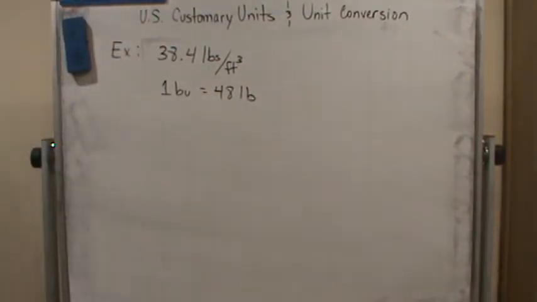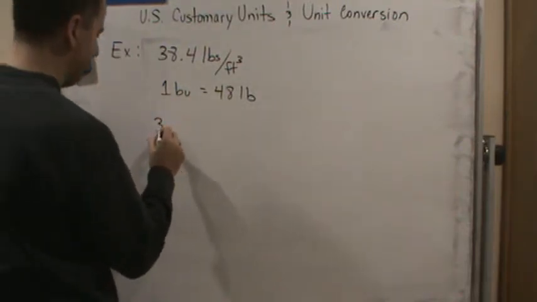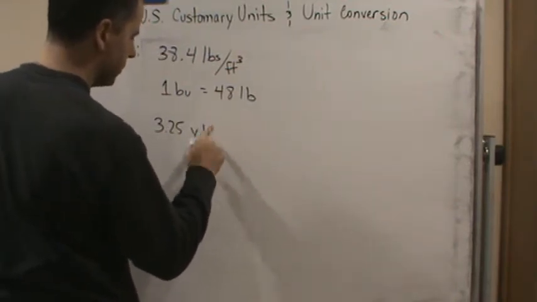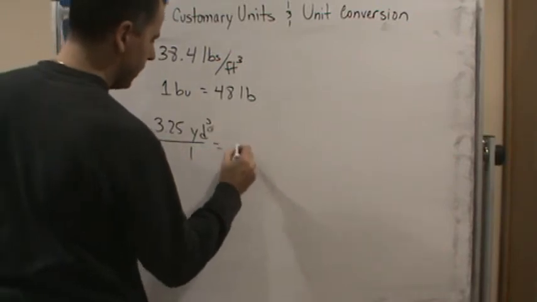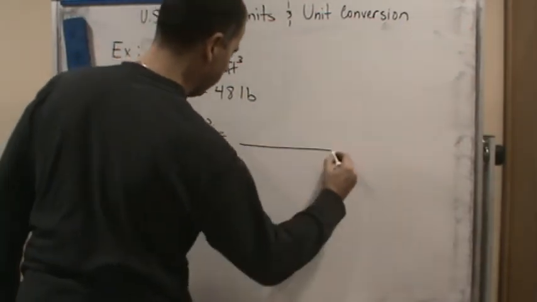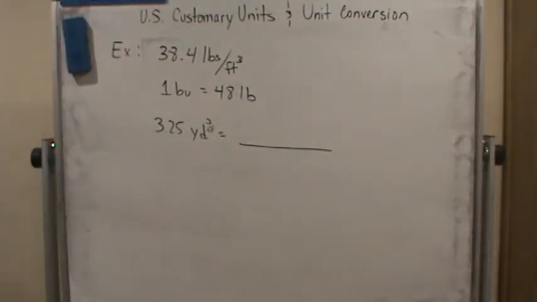See how I wrote that? And this asks, how many bushels of barley are contained in 3.25 cubic yards? So we want to know, 3.25 cubic yards, oops, not square yards, cubic yards, is equal to how many bushels?